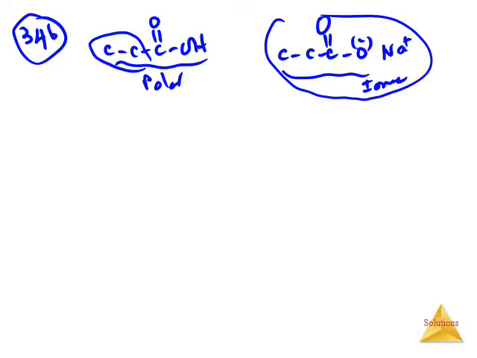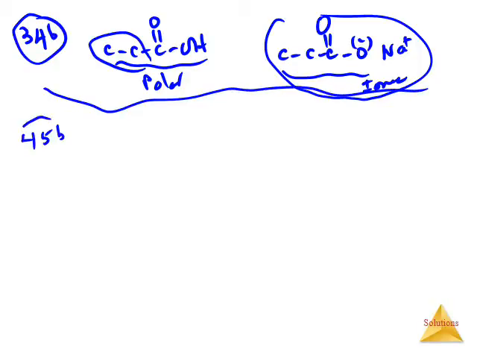Now we're going to do 45b. In 45b, the question is: calculate the molality of the following solution. So it's asking for what is small m. Now small m stands for moles of solute. In this particular problem, they're giving 4.80 grams sodium chloride.